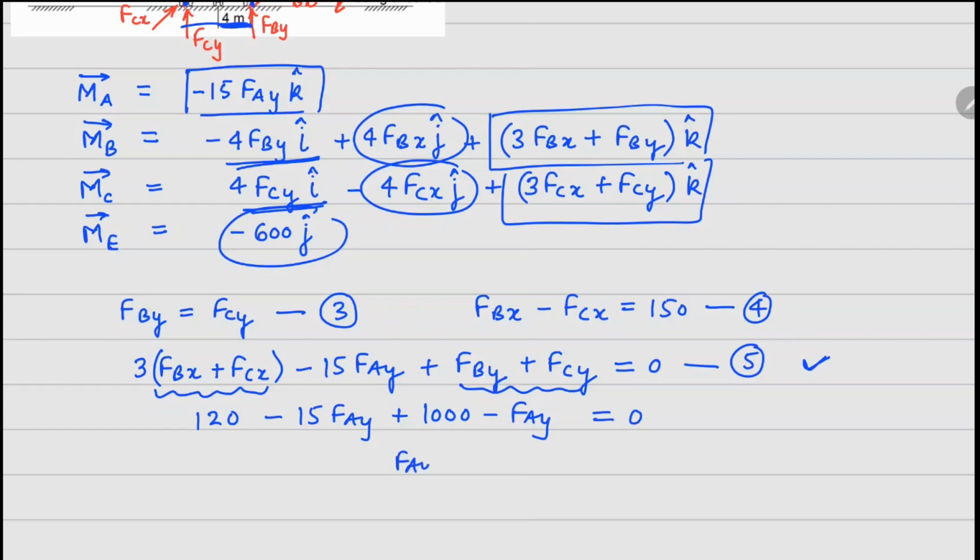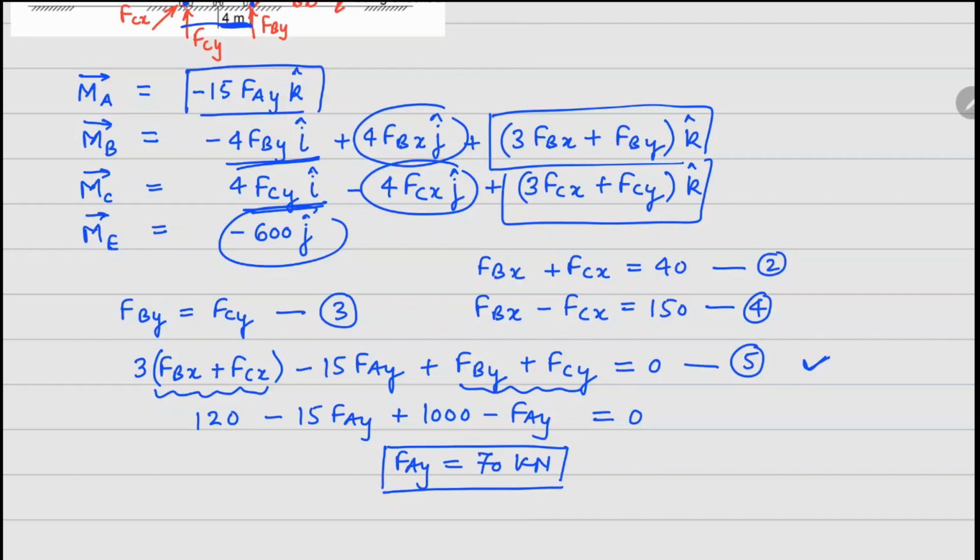If I solve this, the value of FAY comes out to be 70 kilonewtons. And your equation 2 was already FBX plus FCX equals 40. So now these 2 equations are only in FBX and FCX. From here we can solve for your FBX as 95 and FCX as minus 55 kilonewtons.